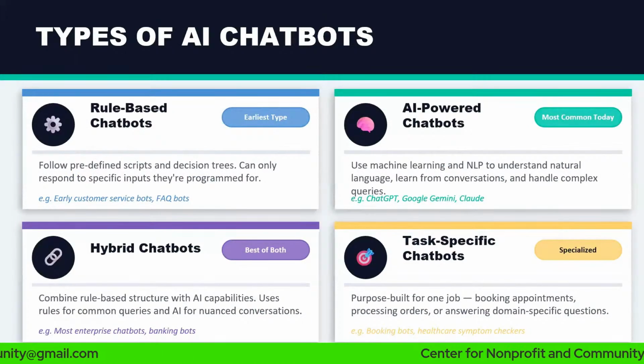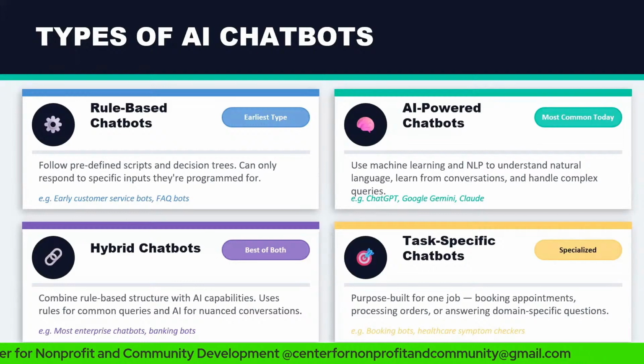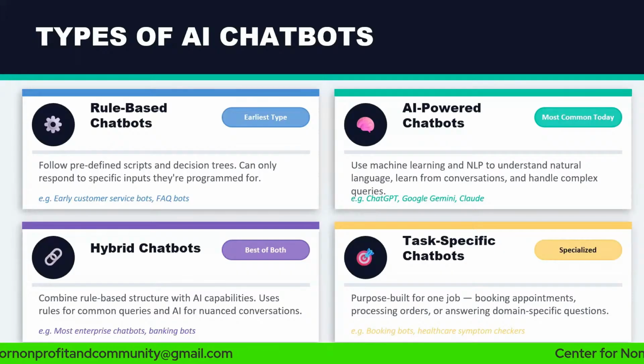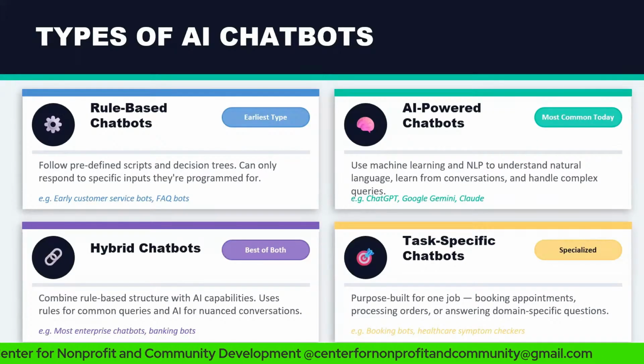So, what are the different types of chatbots? Before we get to what they are, let's get to the different types. The first is called rule-based bots. And this is an earlier type. It follows a predetermined script and decision tree. It can only respond to specific inputs that it's programmed for.